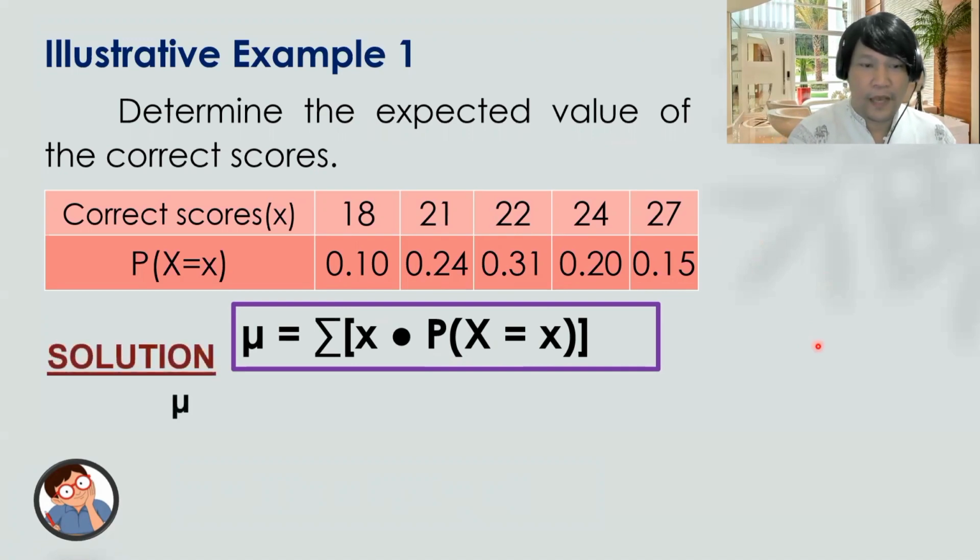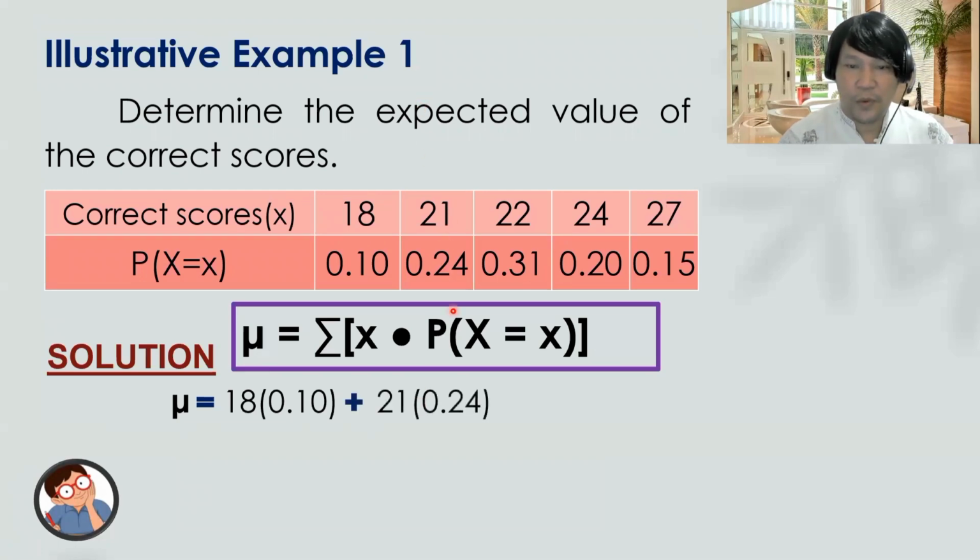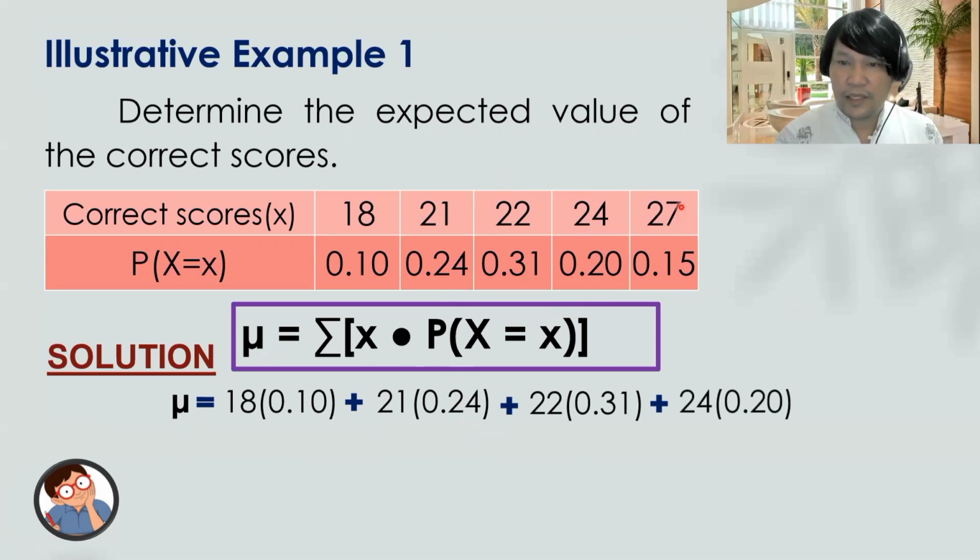And we have mu is equal to, now you have to get the product, 18 times 0.10, plus 21 times 0.24, plus 22 times 0.31, plus 24 times 0.20, and last one, 27 times 0.15.